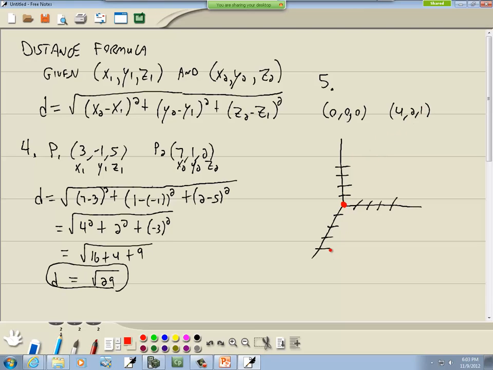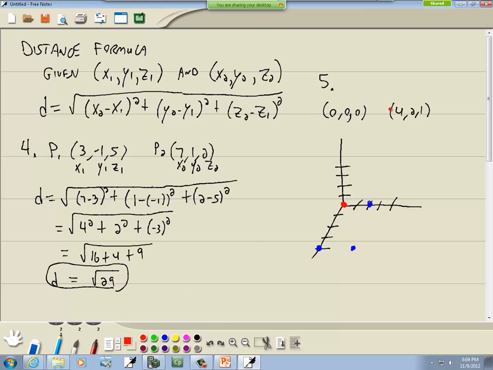So 4, 2, which would be about right here. I'm going to have a point there. And then I'm going to have a point here. I'll have a point here.